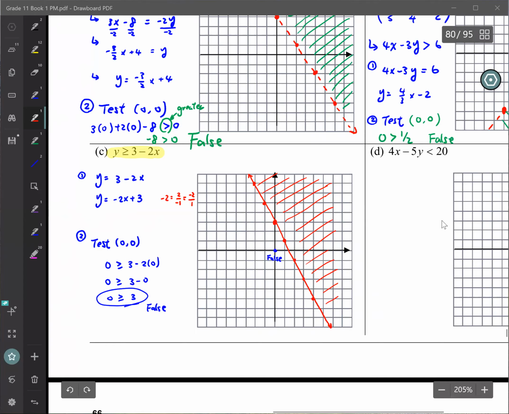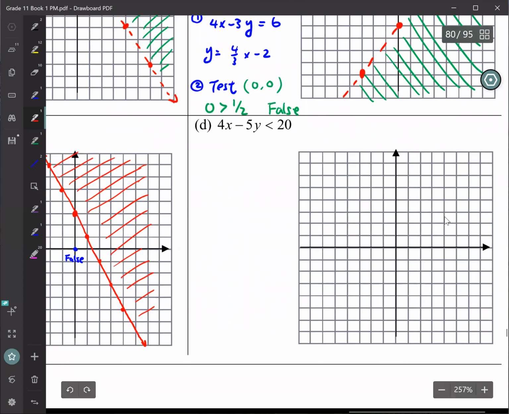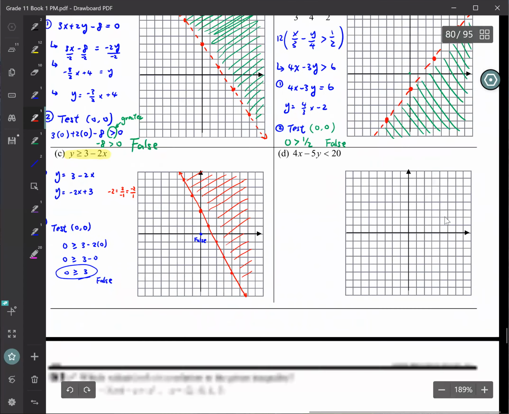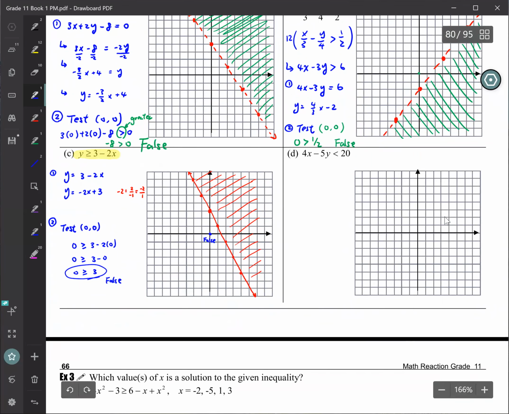All right, so next one, question D, right? Same thing, we need to turn it into slope y-intercept form. Pretend it's equal. Okay, so for y, okay? So you can raise your hand when you got the slope y-intercept form.